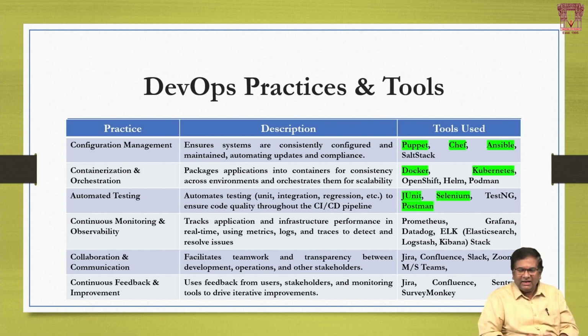Collaboration and communication. This is more of a people thing, not a technical thing. But they facilitate teamwork and transparency among development, operations, and other stakeholders. One of the popular industry standards is Jira. Jira is for creating stories or features for the product.